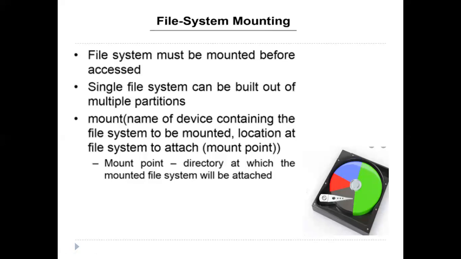Mounting is nothing but having your file system placed on the operating system. Only if you mount the file system can you access the drive or the data placed on the drive. A single file system can be built out of multiple partitions. As I said, you can have one file system for the entire 4 partitions.